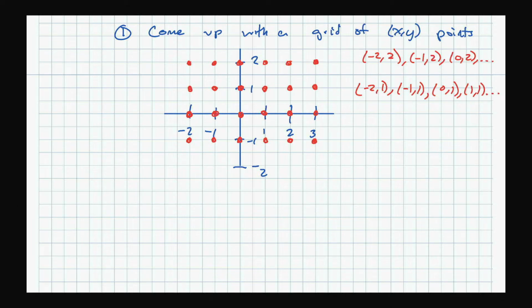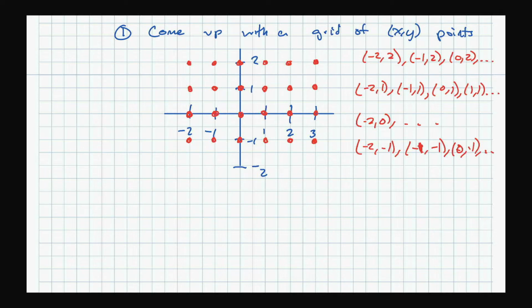Then you can move down to 0 on the y-axis, -2, 0, dot. Eventually you're going to go -1, -1, 0, -1, dot, dot. Anyway, right, all these points, all the red dots. Okay, so you come up with a grid of those XY points.